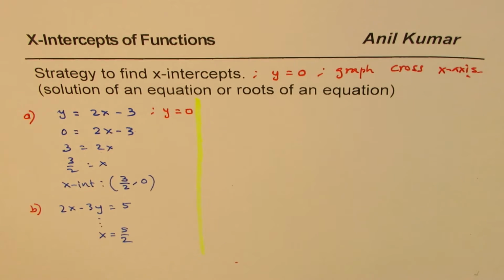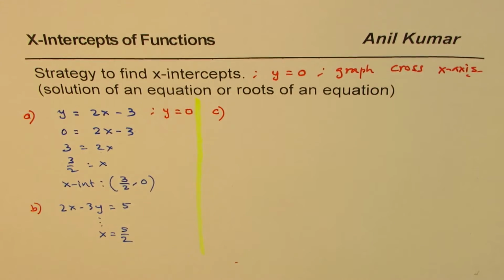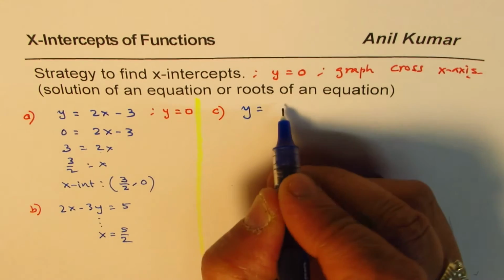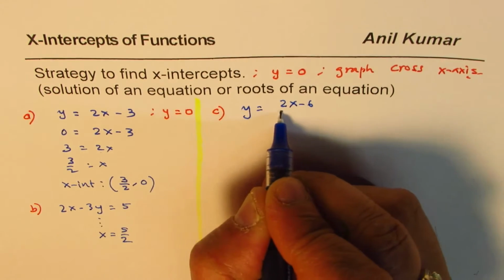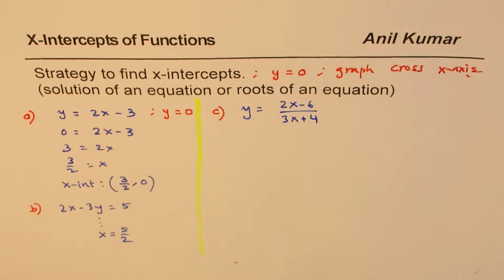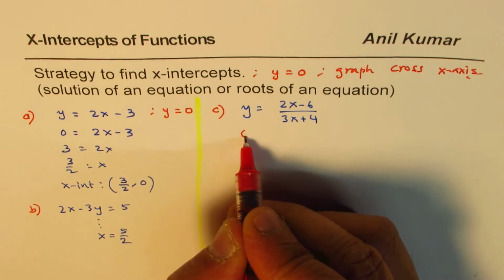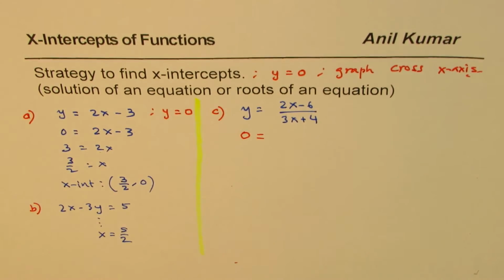Let's take more examples. Let's have a function which is like this: y equals (2x minus 6) divided by (3x plus 4). For this function, which is a rational function, how do we find the x-intercept? Well, y equals 0. So we'll write 0 here and solve the equation.